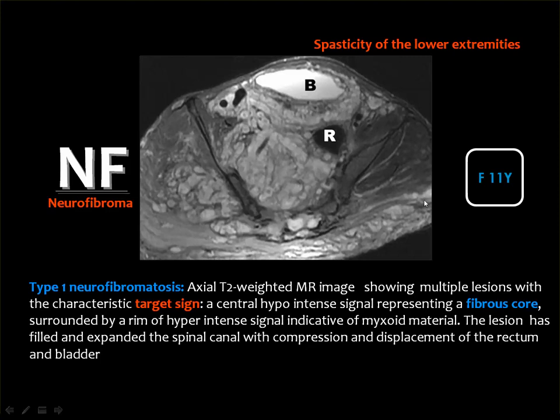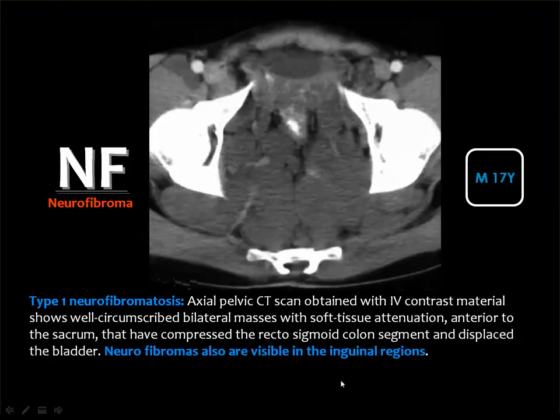A third case of neurofibromatosis infiltrating the subcutaneous tissue, intrasacral canal, the gluteal area, and the pelvis, and also you can see the target sign in many of the lesions.